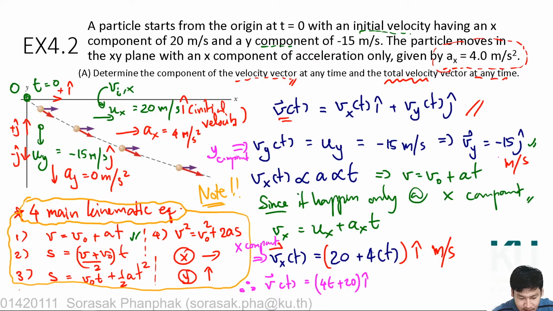So I'll write it as minus 15 j. The unit is meter per second. So here you can use all this useful information to explain the motion in 2 dimensions, which is in the i and j unit vector directions.